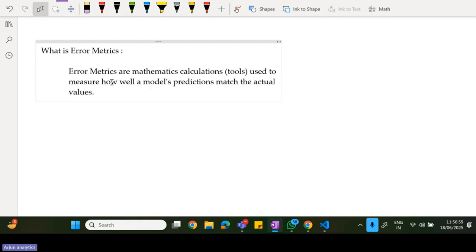How well the model's predicted value matches the actual value.